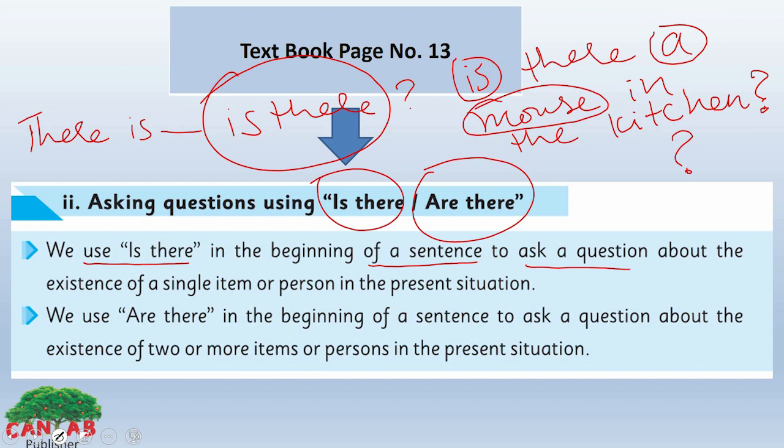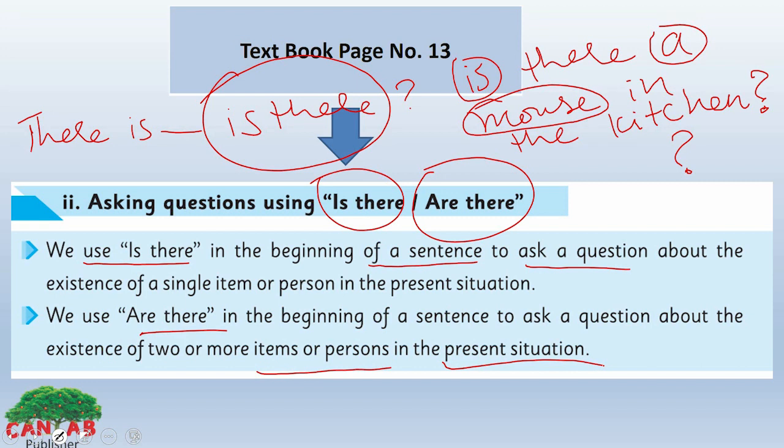Now look at this one. We use are there in the beginning of a sentence to ask a question about the existence of 2 or more items or persons in the present situation. This is very simple, like we did in the last section. We will do the same here. If we are asking about more persons or items, we will use are.